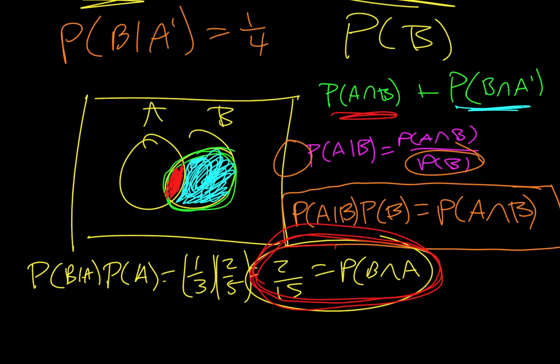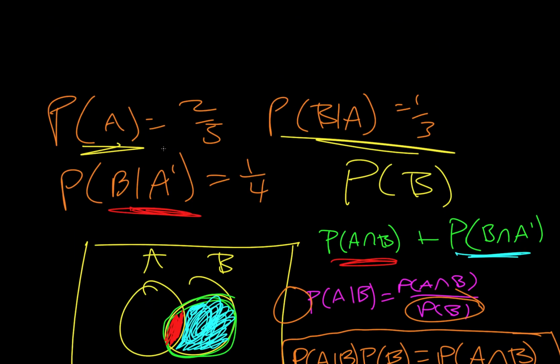Okay, now if we want to do this situation, we're going to plug it in here. And so it's going to be B given not A, which we have right here. So P of B given not A, and then it's going to be P of not A. Now we weren't given that, but since we know what P of A is, P of not A is just everything that's left over.